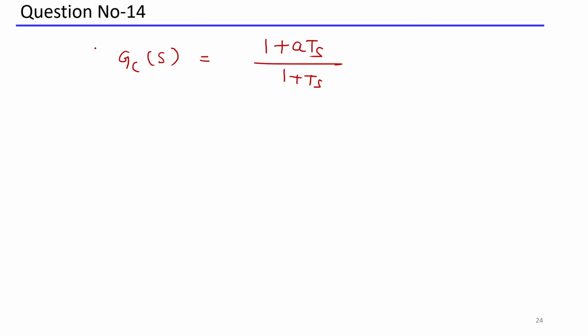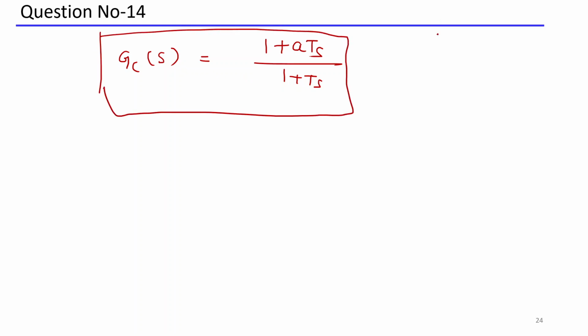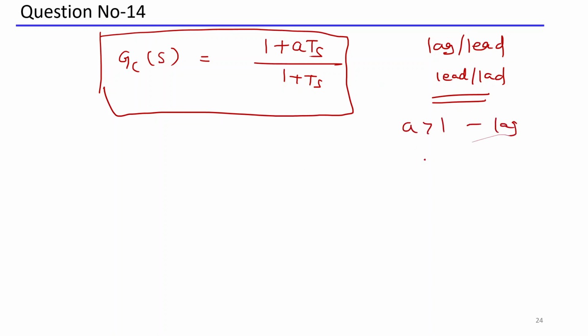This is the standard form of a lead lag or lag lead compensator. It can be lag lead or lead lag, but it depends upon the value of a. If a is greater than 1, it is a lag compensator. If a is less than 1, it is a lead compensator.